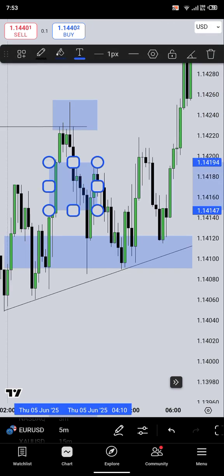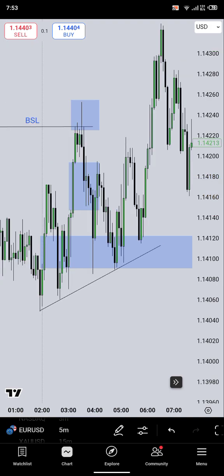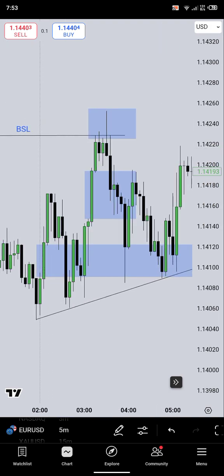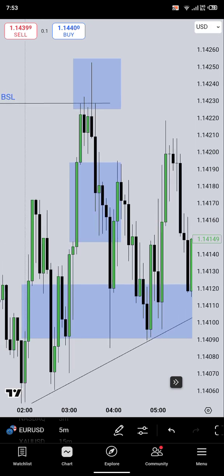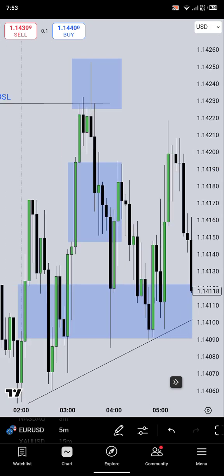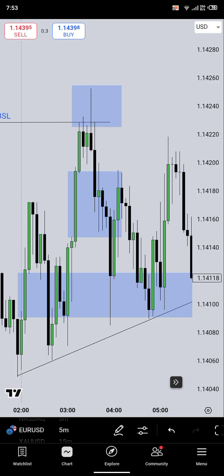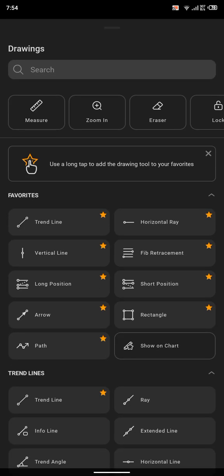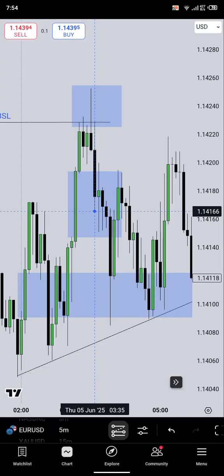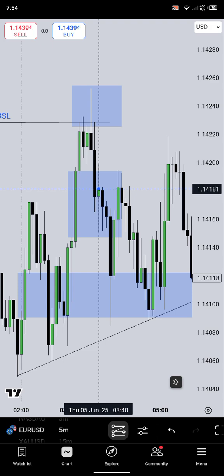Knowing that we are expecting up movement, when price came to this point, we marked out our order from this place at this candle here.